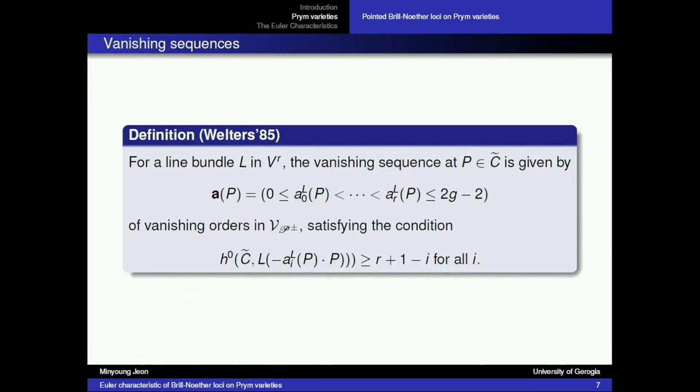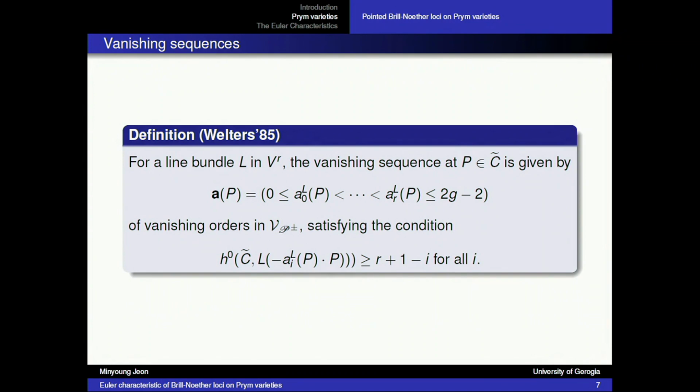In this talk, we generalize the idea of Mai, Kovacs, and Fregat with vanishing sequences. We define the vanishing sequence as a strictly increasing sequence with a vanishing condition on the dimension of the global sections of the line bundle associated to this sequence.